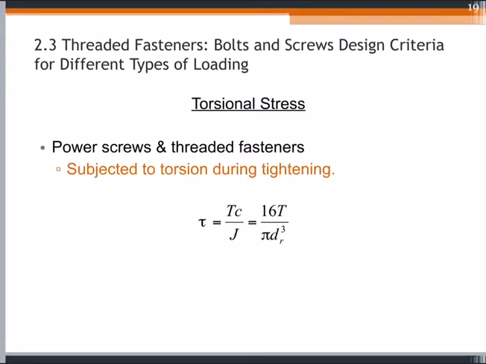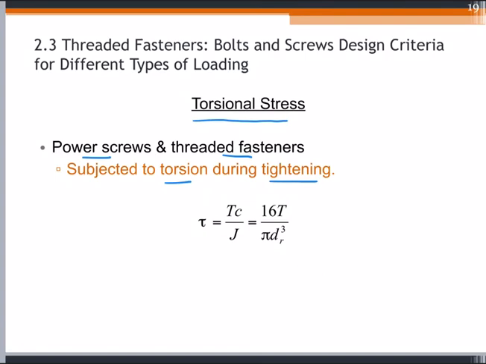Next, the second type of stress that occurs in the threaded fastener is the torsional stress. This is because power screws and threaded fasteners are subjected to torsion during the tightening process.